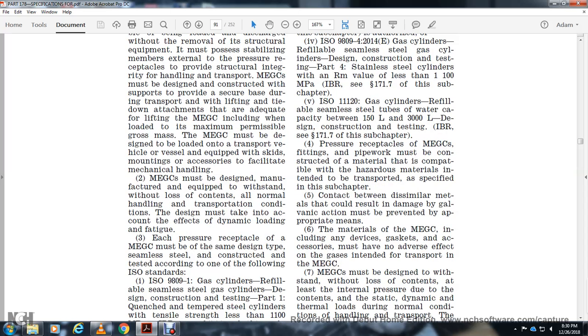Each pressure receptacle of the MEGC must be of the same design type, of seamless steel construction, and constructed and tested according to one of the following ISO standards.